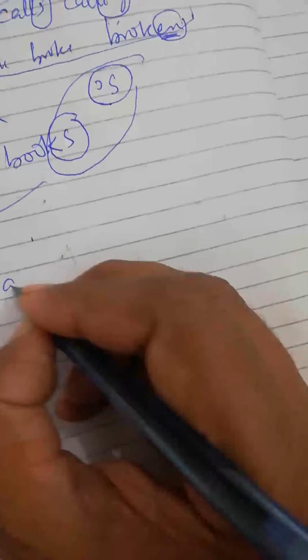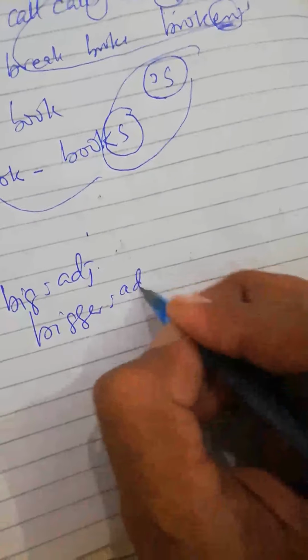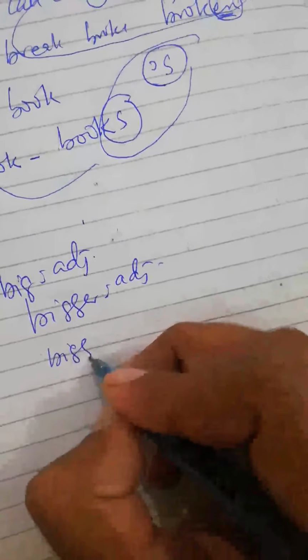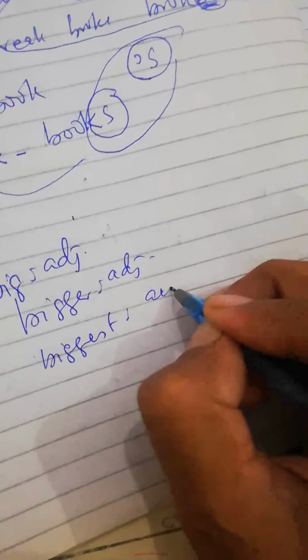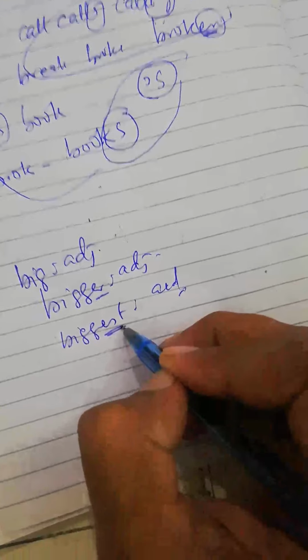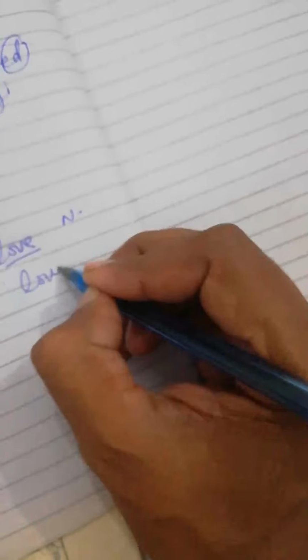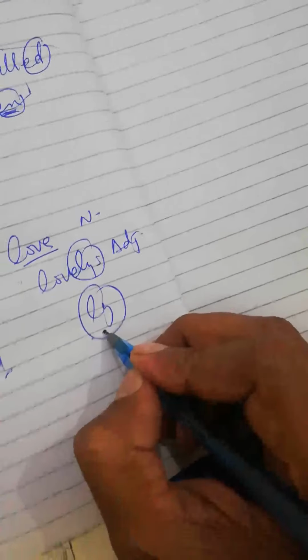Let's say we say big. Big is an adjective. But what about bigger? Bigger is also an adjective. Biggest or longest, they are also adjectives. So this er and this est are inflectional morphemes. In contrast, you say love. Love is a noun. But what about lovely? Lovely is an adjective. So ly is a bound morpheme, but it is not an inflectional morpheme.